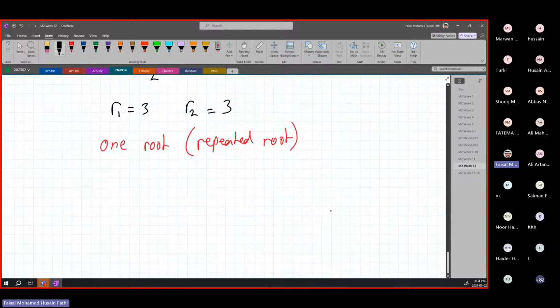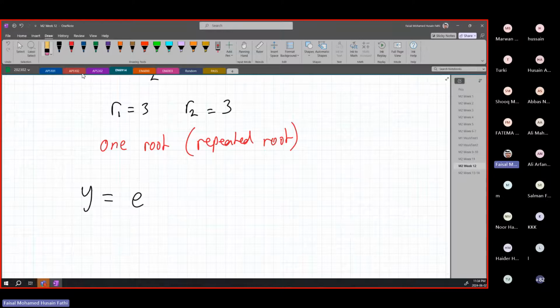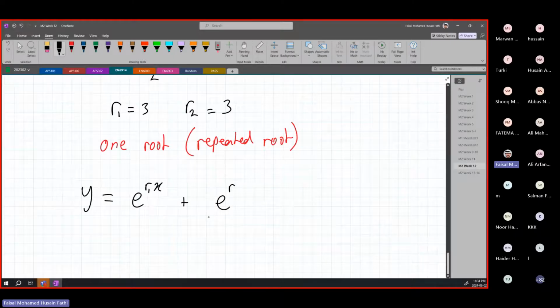Remember that our y, the assumption that we made at the very beginning, is e to the power of rx. This was the assumption we made at the very beginning. But because we have two r's, it's going to be e to the power of r1x plus e to the power of r2x. And we are going to have a constant c1 here and a second constant c2 here.